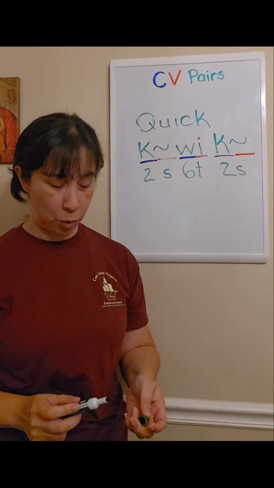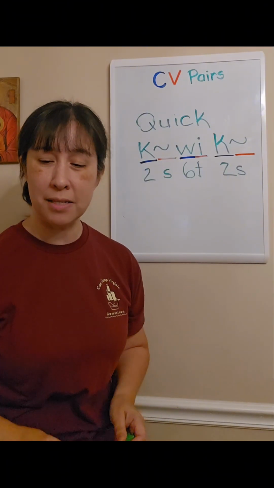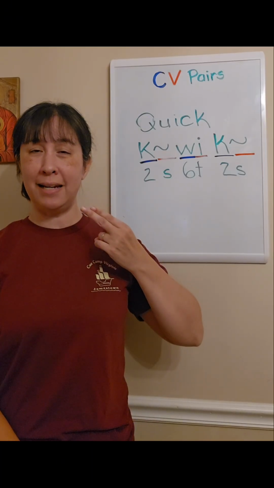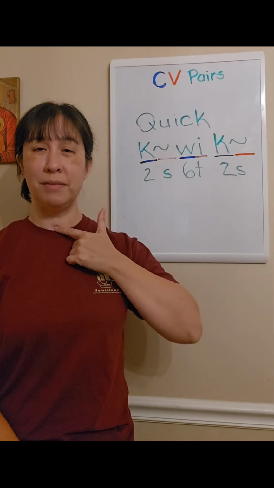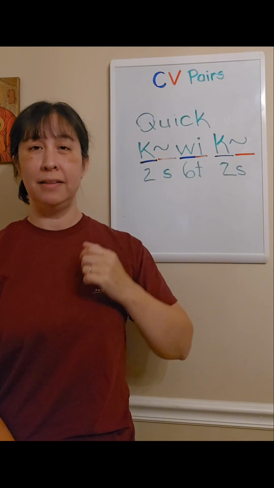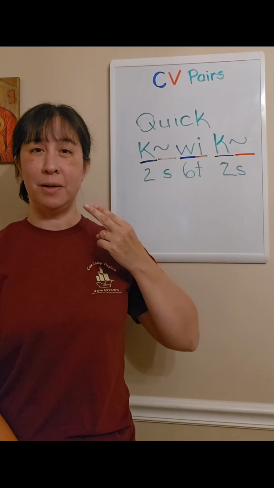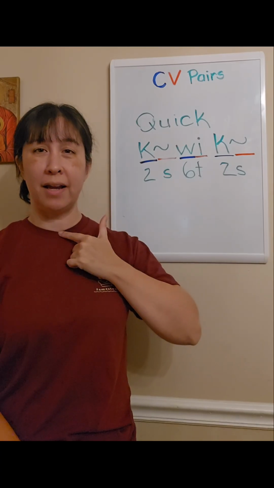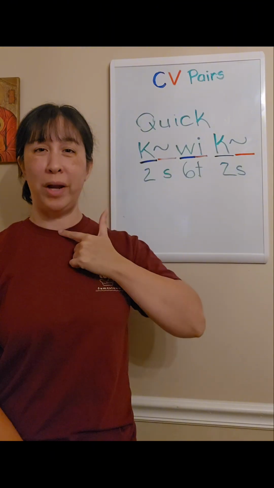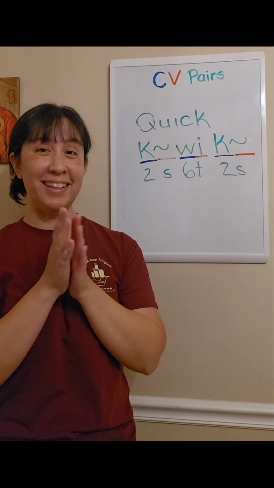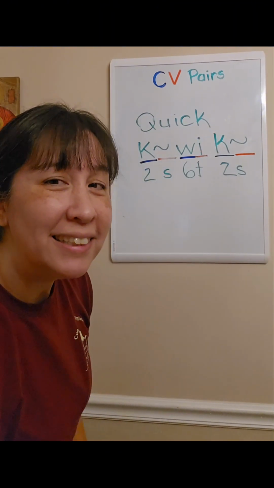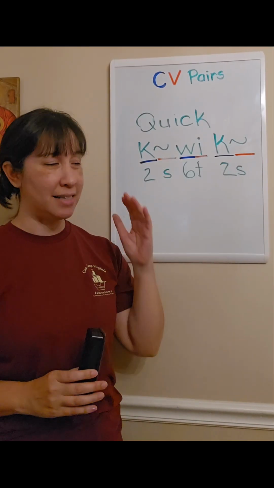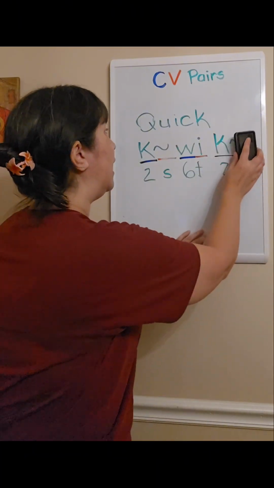We have broken down the word quick into its 3 consonant vowel pairs, and cued, it looks like this. 2 at the side, 6 at the throat, and 2 at the side. Okay, with me. K, wit, k, quit, k. Very good. Okay, onwards and forwards. See, it's not that hard. You just have to slow down and listen intently, and you got this.